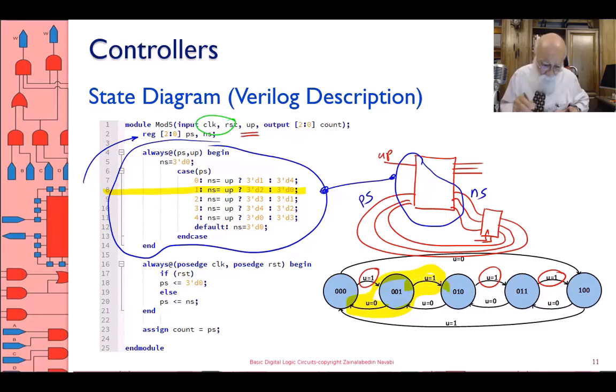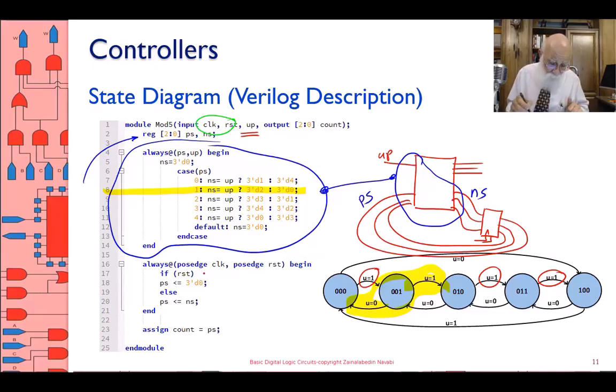This becomes 010, and therefore if up is 1, your next state becomes 2. And then the same thing for the rest of them. So you're defining your transitions in terms of the present state and the input. You only have one input here, which is the up count.